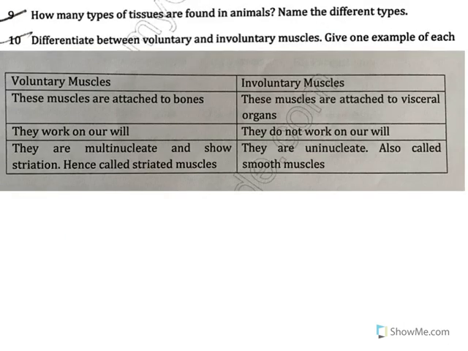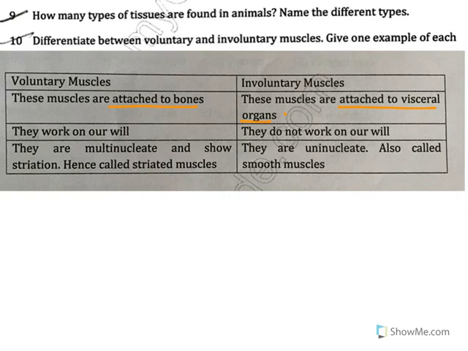Differentiate between voluntary and involuntary muscles. So voluntary muscles are attached to the bones. Involuntary muscles are attached to visceral organs, like they are present in the intestines, in the esophagus, in the stomach.